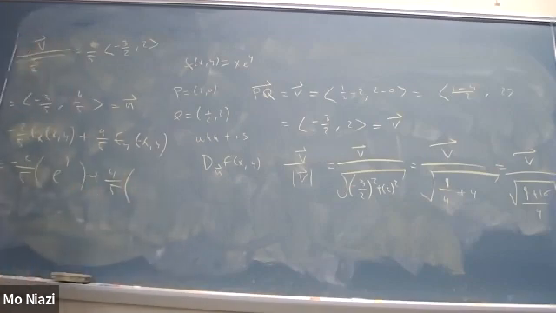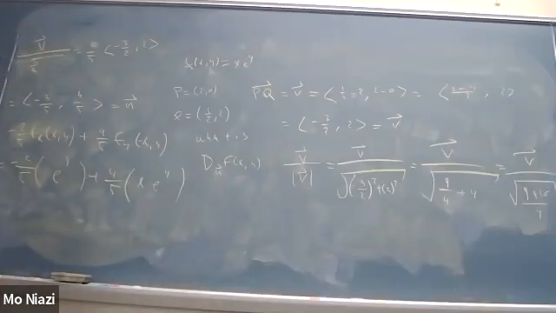Partial y of that is just... it ignores the x, it differentiates e to the y, that's just e to the y, partial y, which is just 1. So this is what you get here.